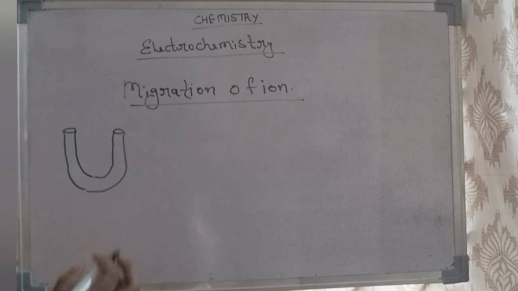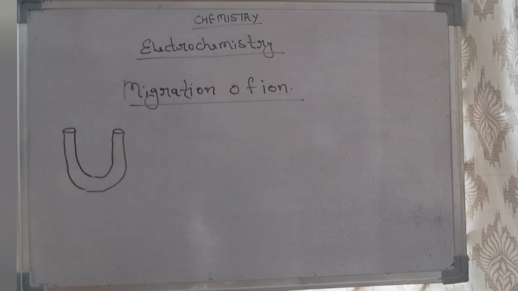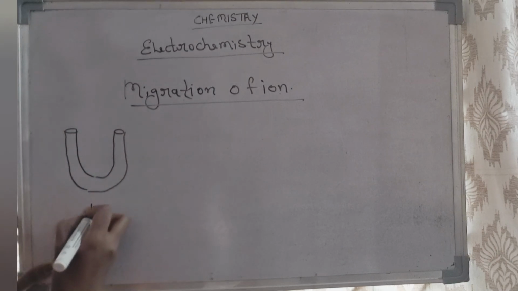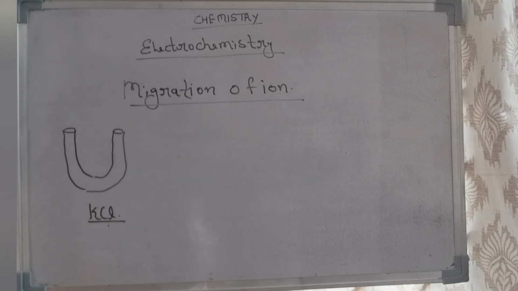Okay, so here I have taken one U-tube, and in this U-tube we will pour KCl. You know, KCl is also a kind of strong electrolyte like NaCl. It is a salt, but it is a strong electrolyte. So when you put KCl in water, it will give you K positive, the potassium ion, as well as the chloride ion.